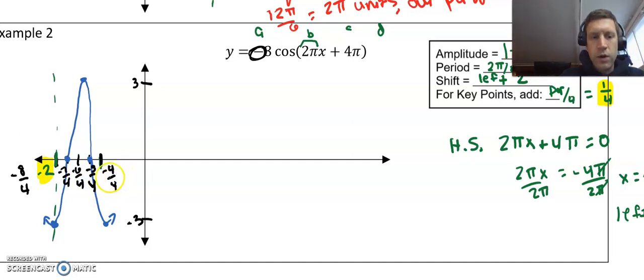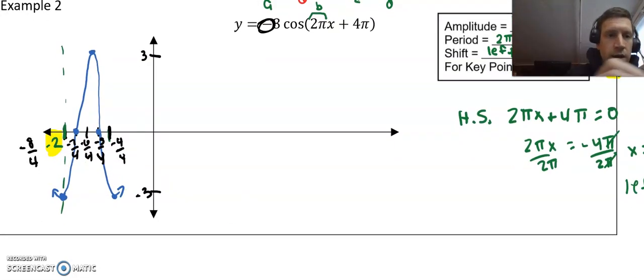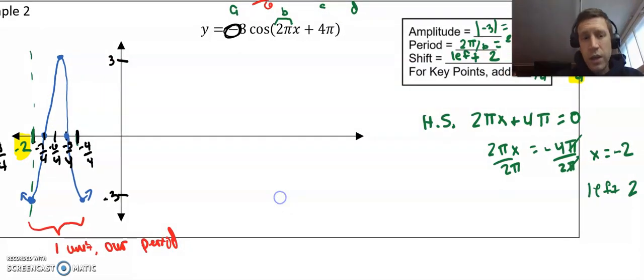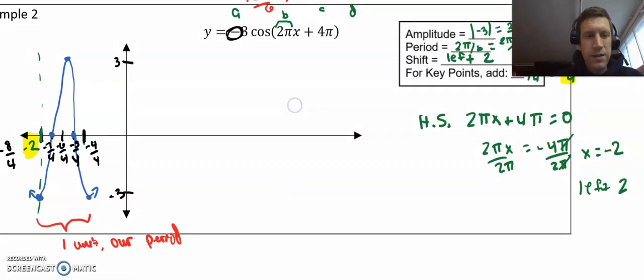Which is really -1. So I'm going from -2 to -1. Well, that makes sense because that's a distance of 1. So kind of like we did on the last one, this distance here is 1 unit, which is our period. Okay, so that's a tricky one, I think because you're fitting in such a small space, but we can manage that.